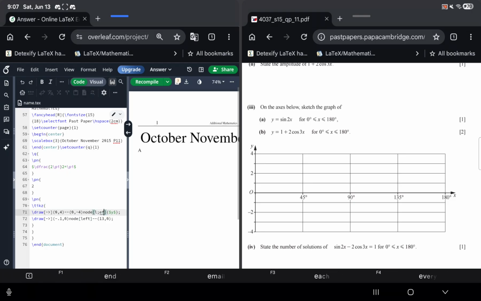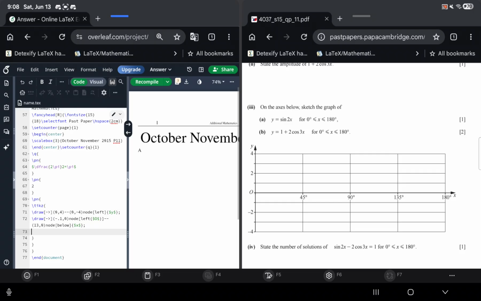Yes, sorry, I'm bad with my directions. Left, O, and this is node below x. Now we have the axes. Now we have the grid.